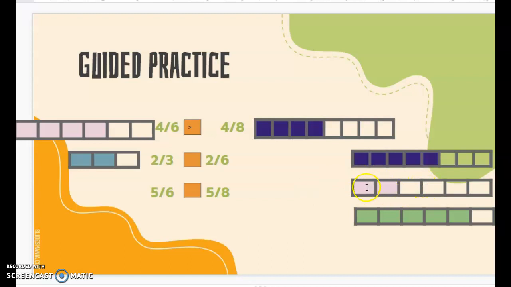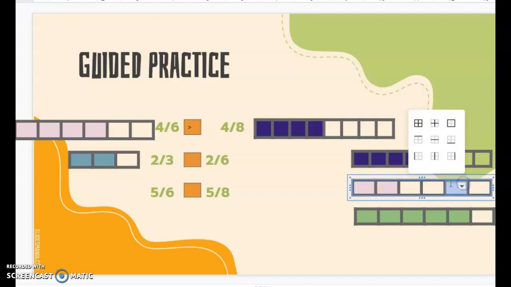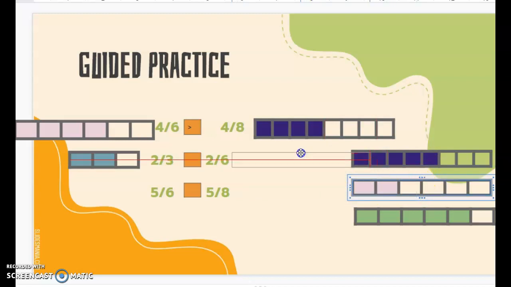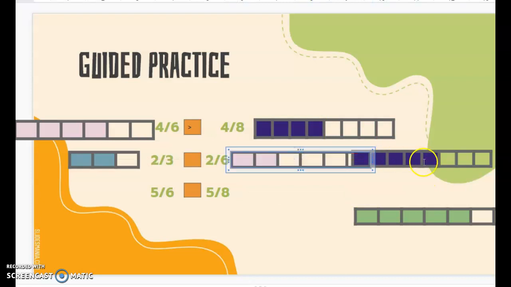I have 1, 2 shaded. I have 1, 2, 3, 4, 5, 6 total. And I'm going to place it here. And let me move this model out of our way.